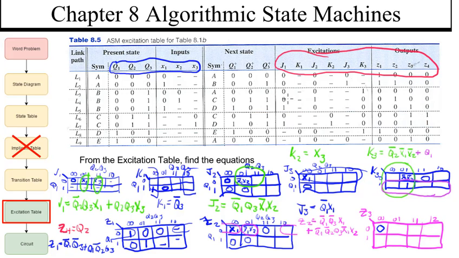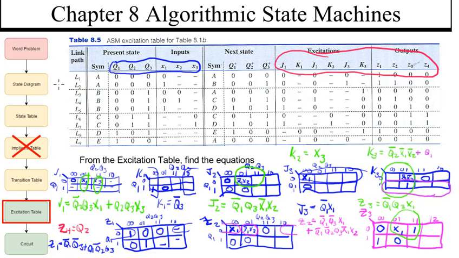Okay, so Z3 is going to be 0, 0, 1, which parallels X1. All right. 0, 1, 1 is a 1. And then a 0 and a 1. So we can make a party of Q1 bar, Q2 is changing its mind, Q3, X1.